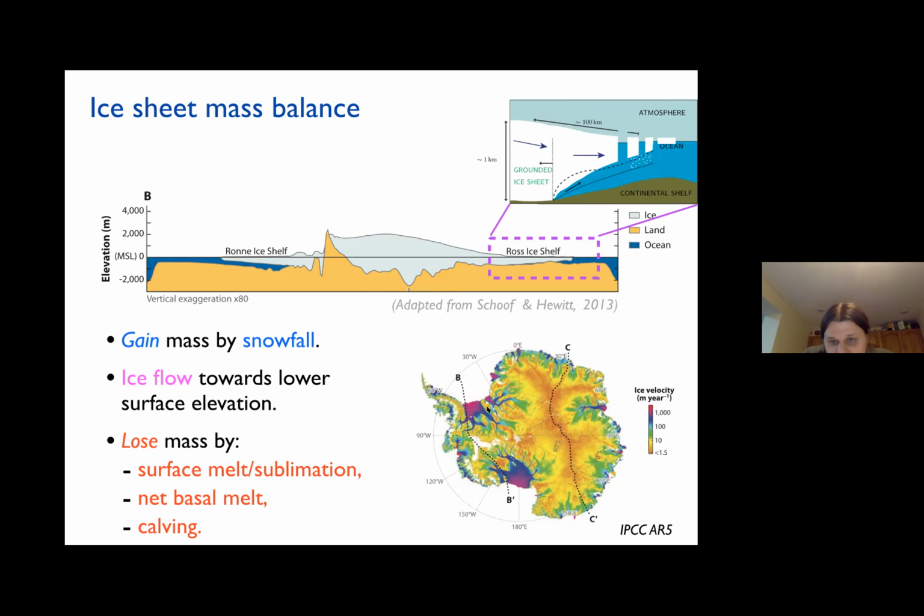But you can see regions, these very fast flowing regions, where the purple and blue end of the color scale are ice speeds where it's moving at kilometers or more per year. And these can be found near the fringes of the continent where the ice is starting to flow into these floating sections of ice, whereas there's much slower flow in the interior. So there's also been a key interest recently in understanding these relatively fast flowing regions of ice.